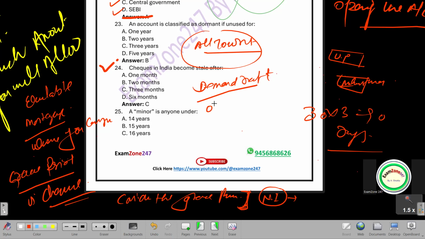See, suppose a check was drawn on 1/3/2024. When will it expire?